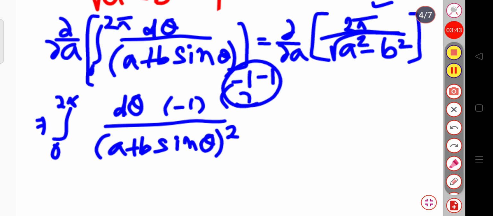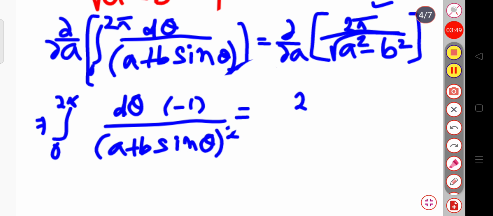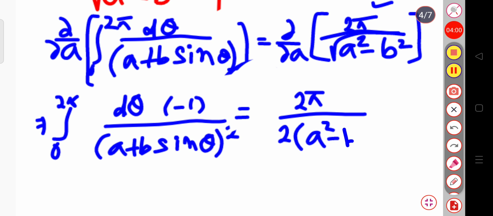Now, similarly if I take the derivative on the right hand side, this will be 2 pi times the derivative of 1 by root a square minus b square. This will be a square minus b square with power minus half, and after differentiation the power becomes minus half minus 1, that is minus 3 by 2.